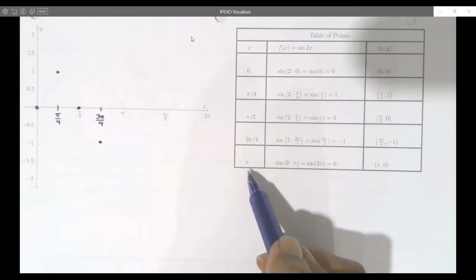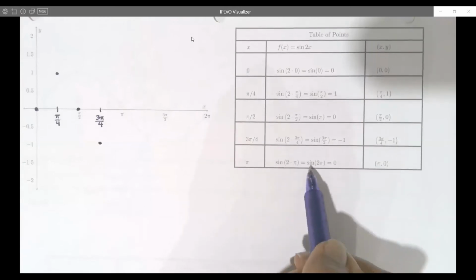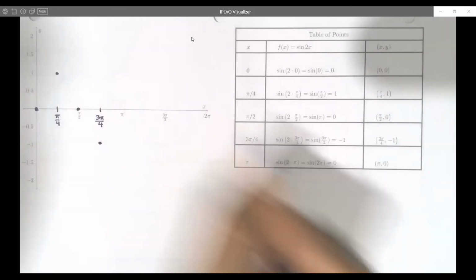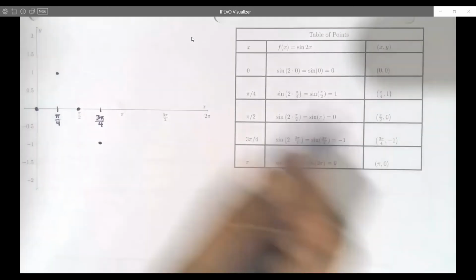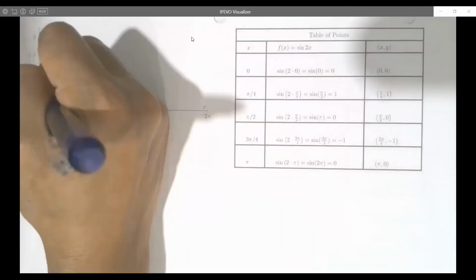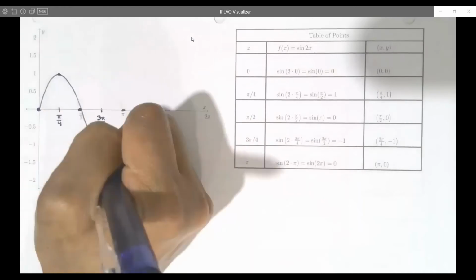And finally for pi, we have sine of 2 times pi, which is just 2 pi, and sine of 2 pi is 0. So we get the point pi comma 0, which is here. So we get this graph.